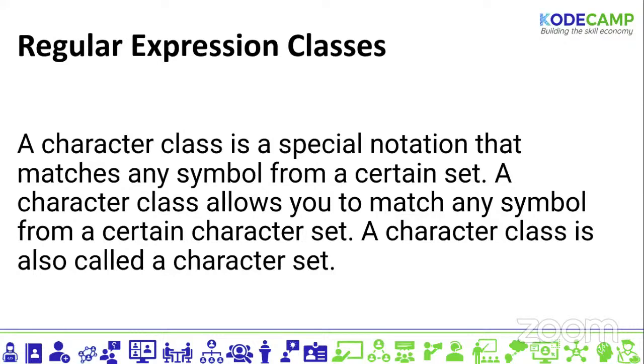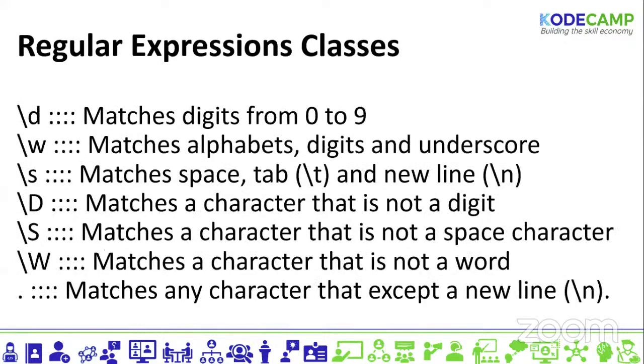A regular expression character class allows you to match any symbol from a certain character set. A character class is also called a character set, so wherever I use character class or character set, it is the same thing. These are the regular expression character classes.